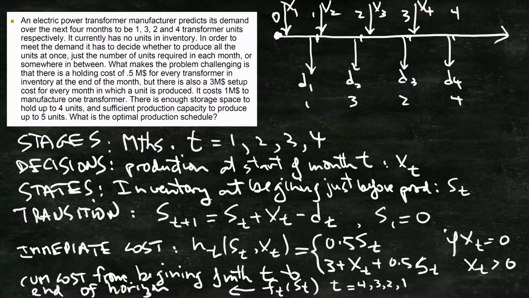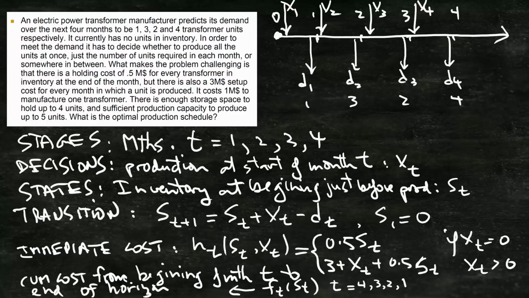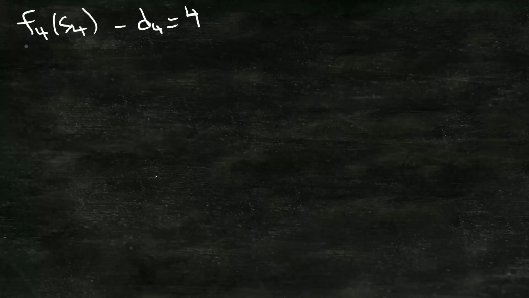So let's start with a blank page here. We're going to determine F4 as a function of s4. So what is the cumulative cost for month 4? And also the demand D4 is equal to 4. Everything is 4, I believe. Yes. So we don't know what the inventory could be at the beginning of the month.